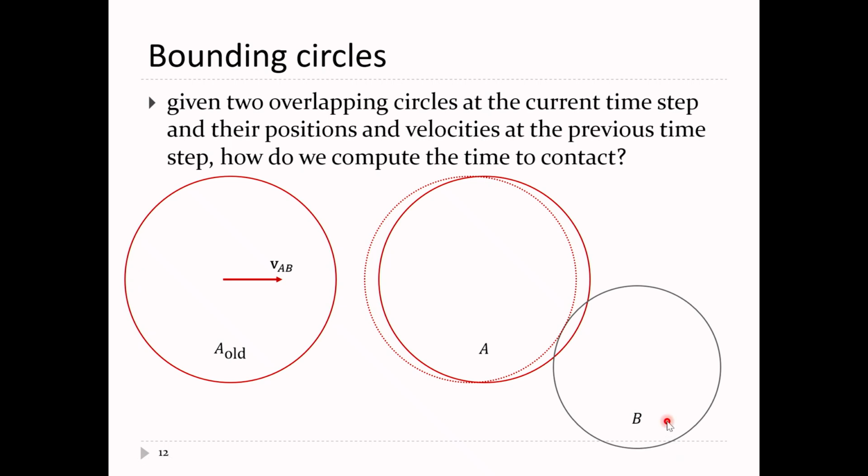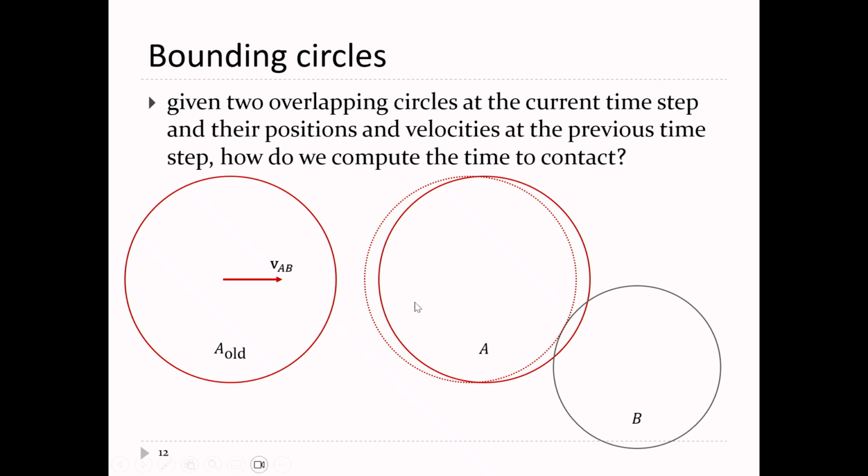For our purposes, we're going to hold B fixed. At the next time step, A and B are colliding, so there's an overlap here, and we want to move A back. So what we really want to do is compute how much time it takes for A to move to the dotted line, so at the point where they just start to contact.